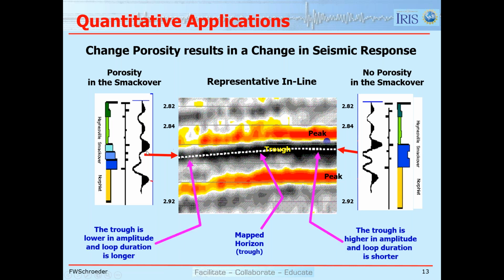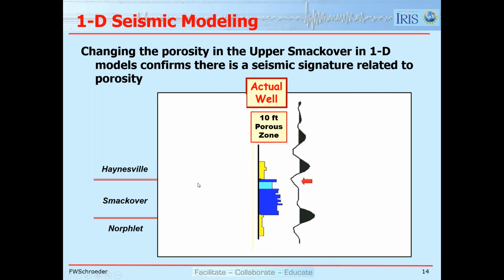And so the amplitude response and the shape response, and if I go from zero crossing to zero crossing, the time thickness of the trough here is shorter than the time thickness here. And so by looking at these two wells and how that trough changes from a porous location to a non-porous location makes me start to think maybe I can use some seismic attributes to quantify how much porosity I have within the upper Smackover.